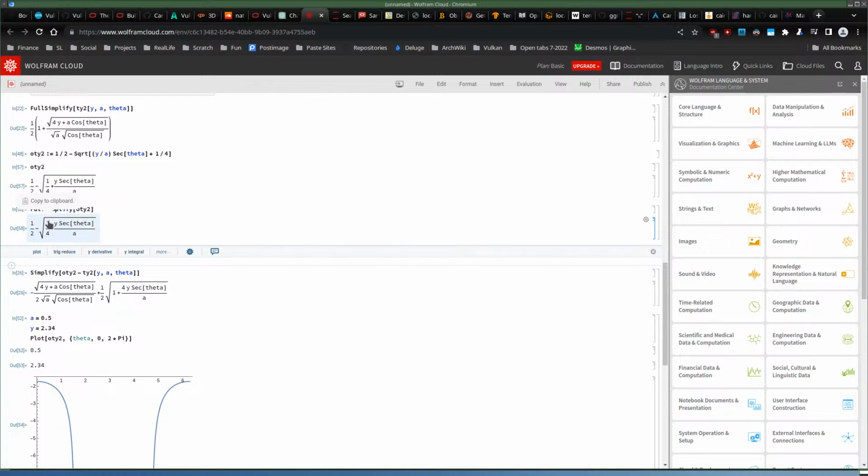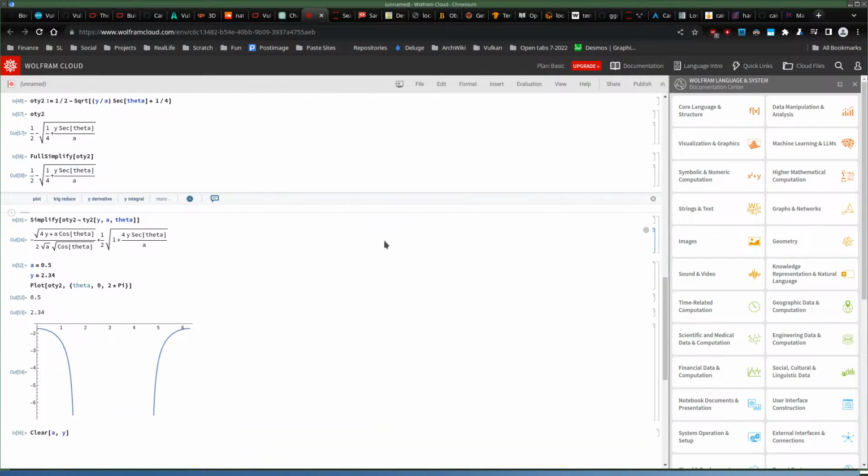Because then a quarter plus something positive, and then the square root of that is larger than half, making the whole thing negative. But why would this not be negative? Y could be negative, to name a random reason.